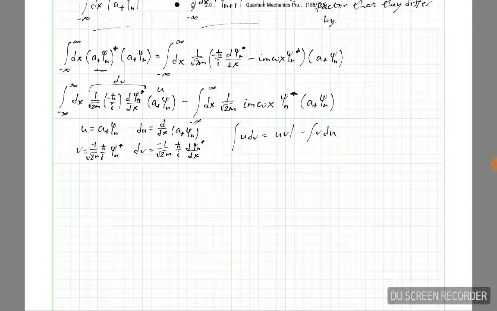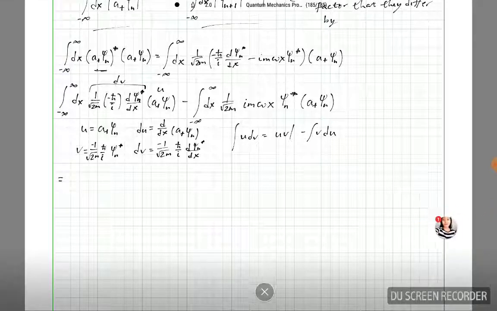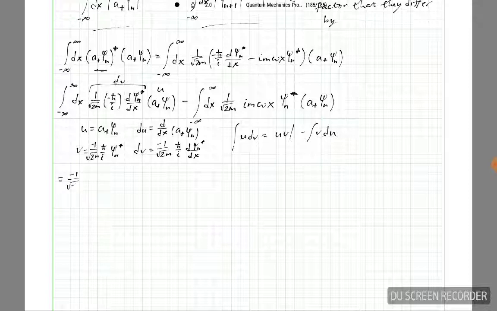So now this is going to equal our u. I think I'll just throw these constants out in front. So we'll do v and u. My operator has a function to act on, so I can be a little loose with the order there. That's evaluated at positive infinity and negative infinity.